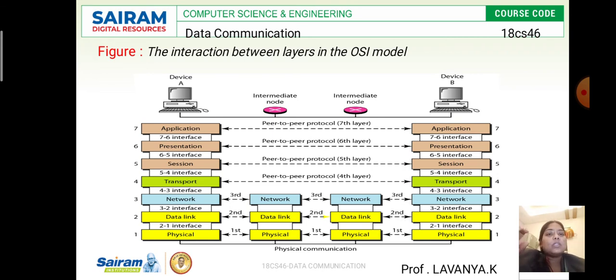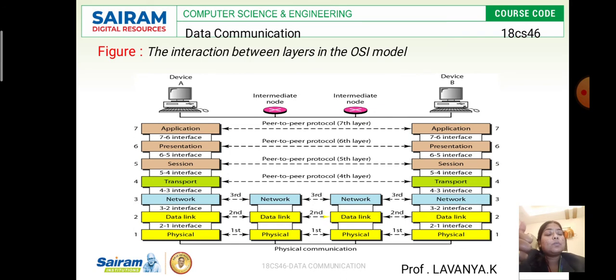Then the second one: what is the data link layer? The data link layer is the second layer of the OSI model. Here the data which is already received from the network layer is considered in the form of frames.